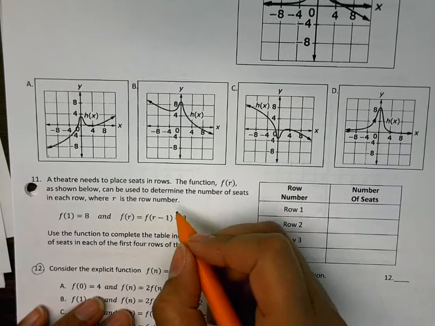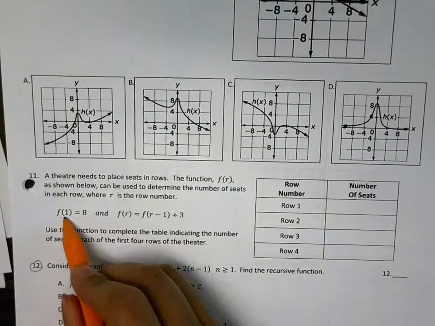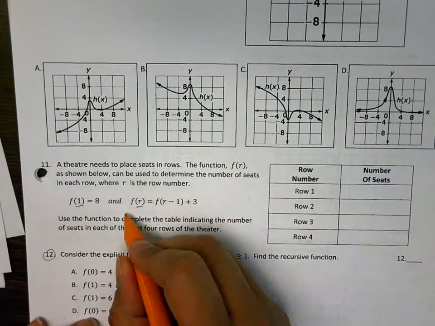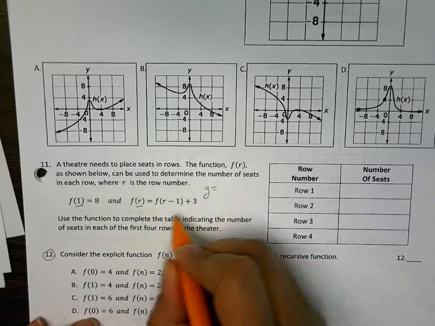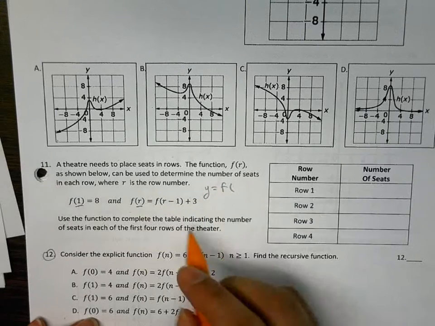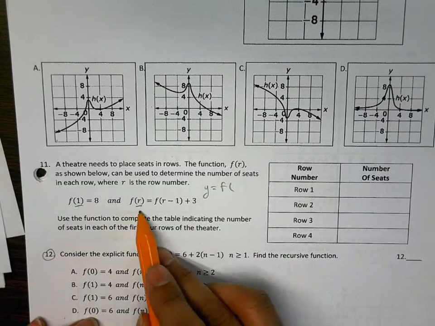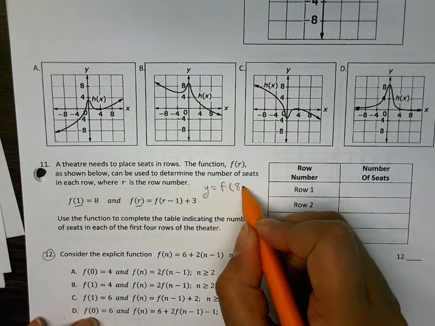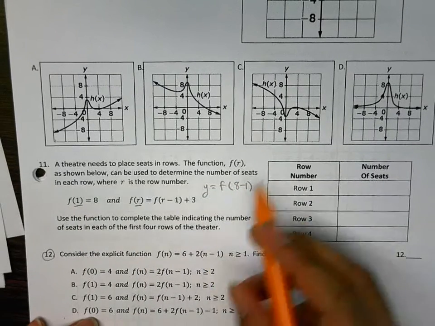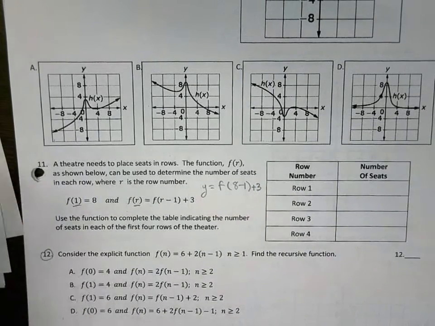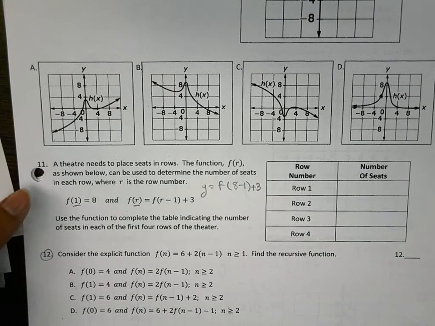Okay. I'm going to plug, okay, this is r. So I'm going to plug in for r. And I'm just going to change that to y. Equals f times, what is r? 8 minus 1. Plus 3. Function is shown below. Those seats in each row.